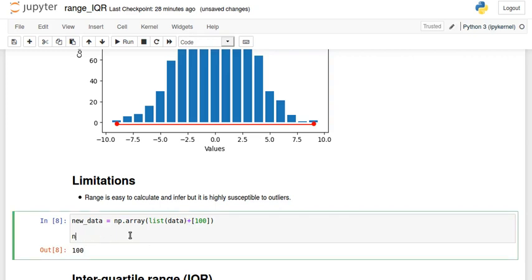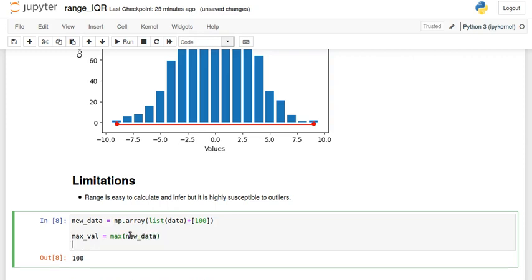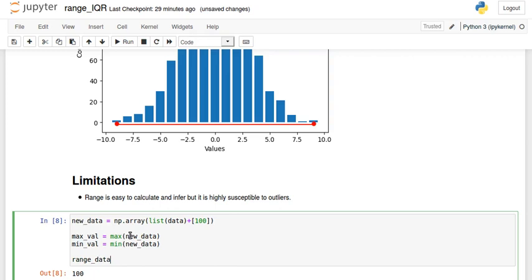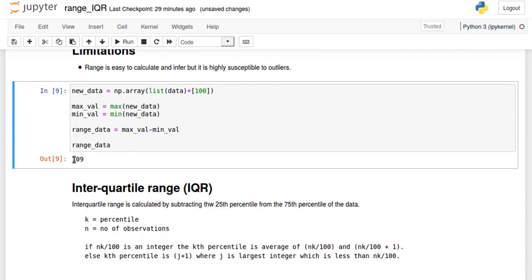Let's calculate the range for the same. The range of the data is 109 now.